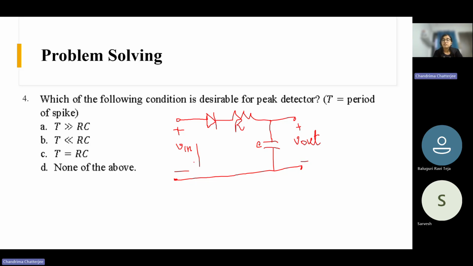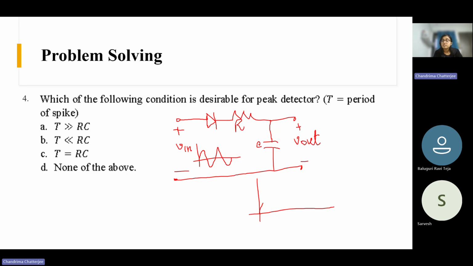So suppose our V in is a sinusoidal waveform like this. So what will we get over here? You know diode. There is only one diode. It will only allow current flow during the positive cycle, because only then will it get forward biased, and during the negative cycle it will get reverse biased. It will not allow any current to flow.